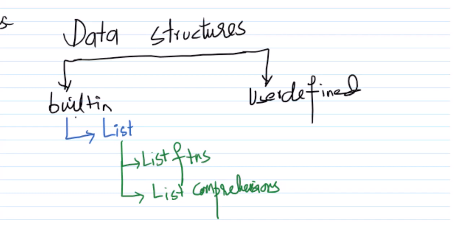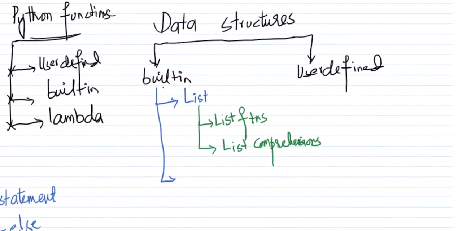After it, we started another very important data structure, and that is the dictionary. So in dictionary, what did we discuss?